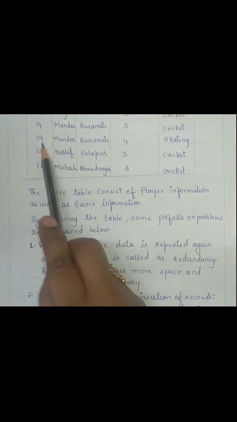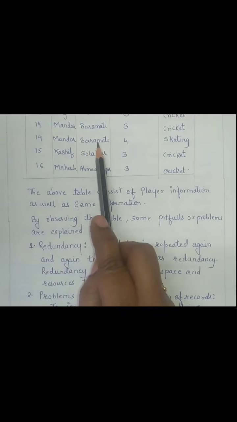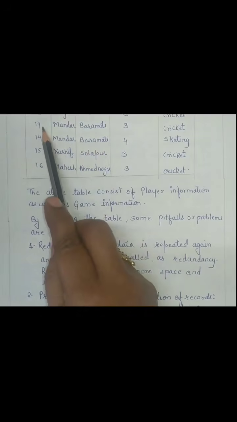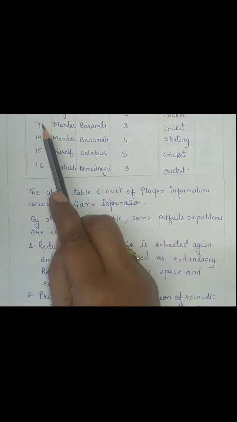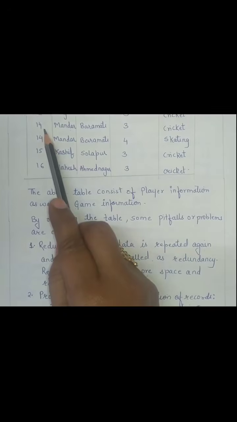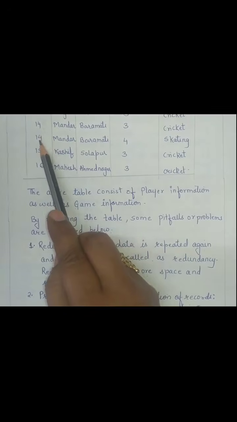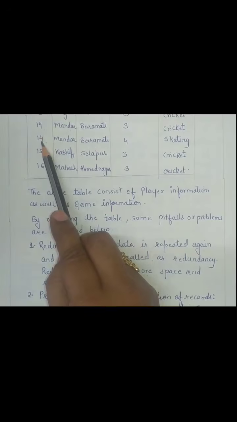Here also 14 Mandar and Baramati. So here it is consuming more space than required, right? Since the details of the same player are taken two times in the same table, right? So this shows the redundancy, and this is a problem when the data is not in a normalized form.